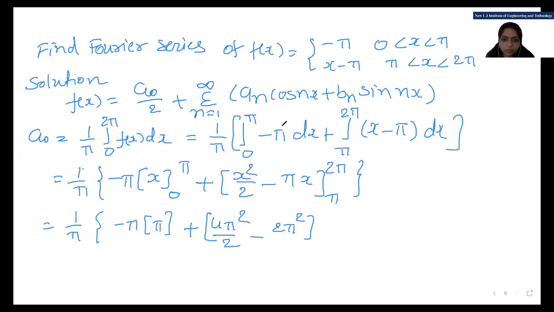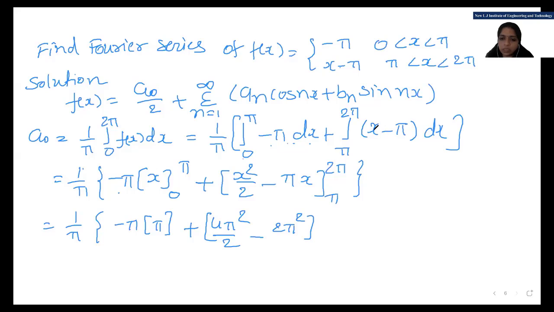See, students, here the integration of this minus pi is constant. So the integration of 1 with respect to x is x, and the limits are 0 to pi.